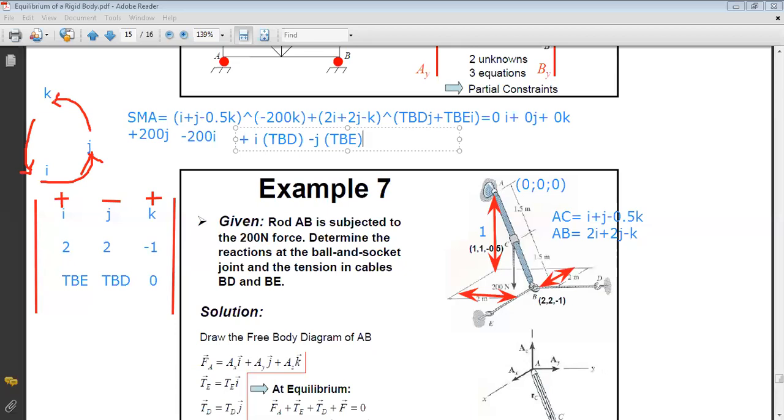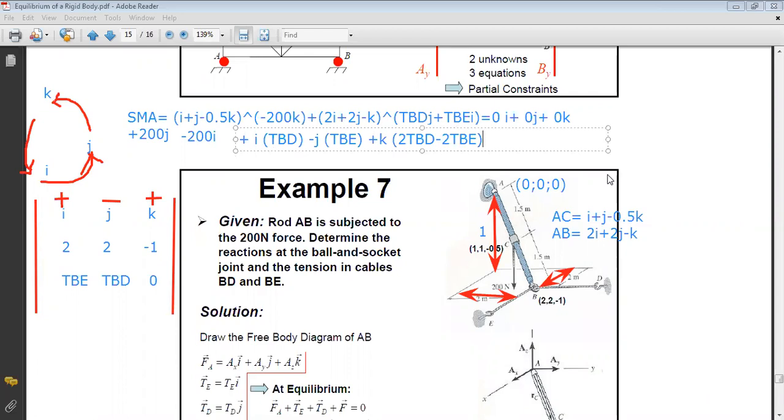Finally along K, plus K times, I drop these two, I have 2 TBD minus 2 TBE. Now I am done with the expansion of this term.